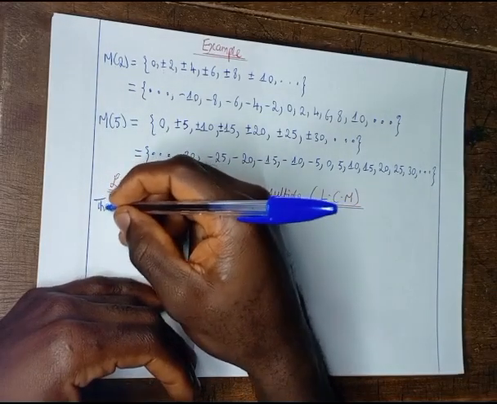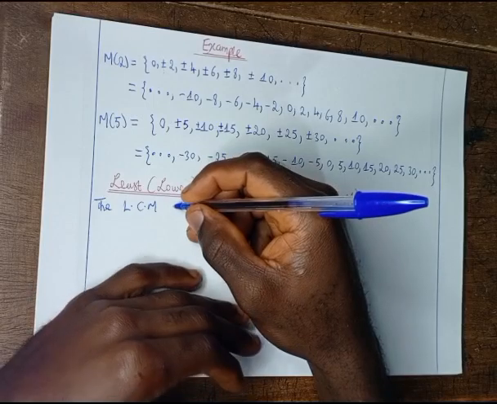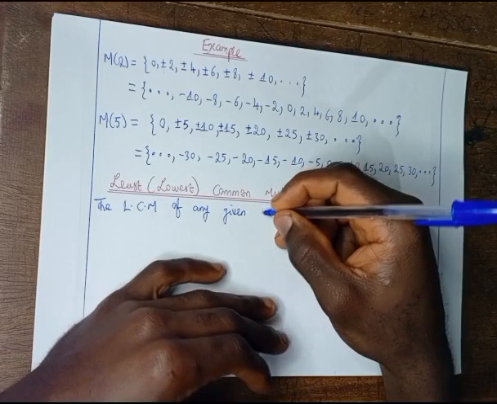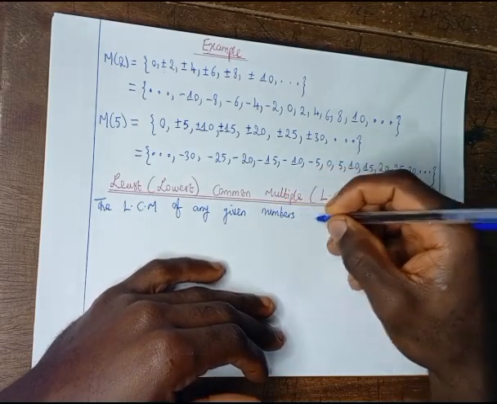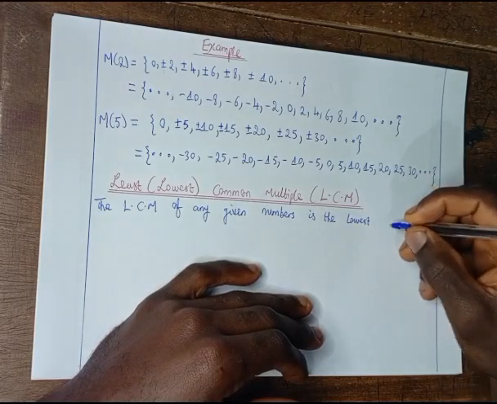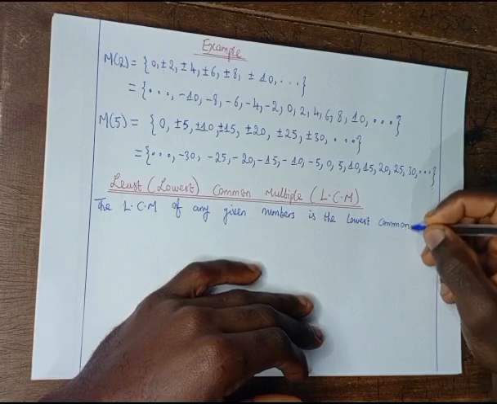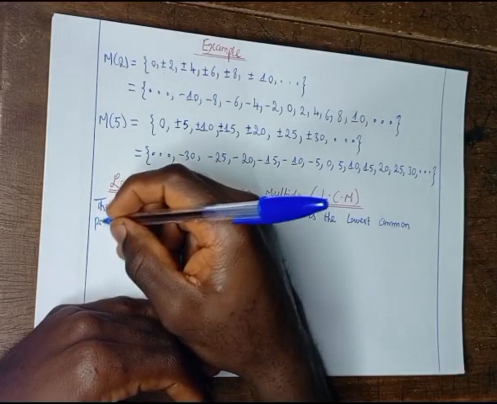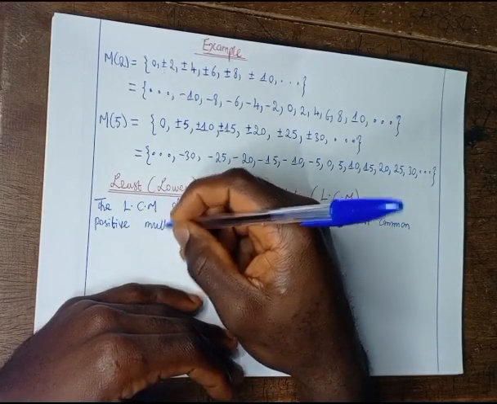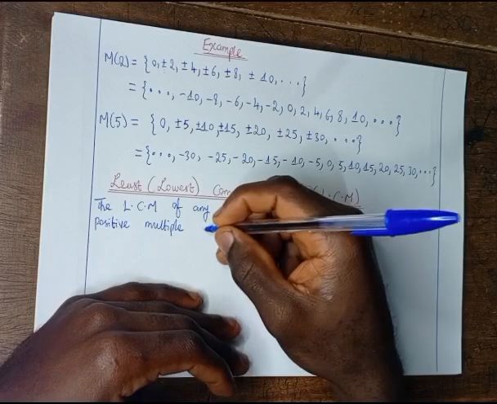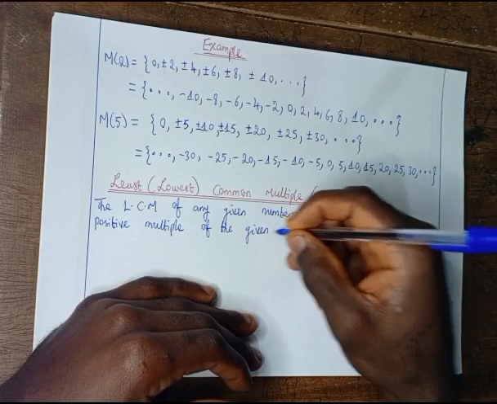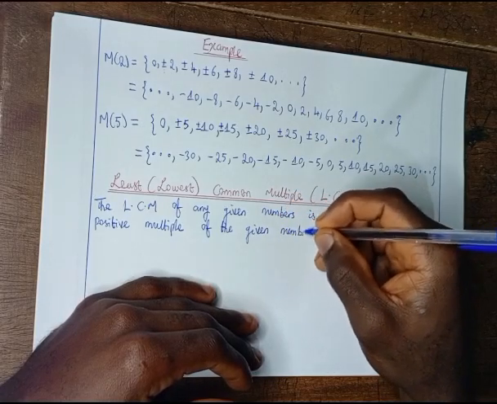The LCM of any given numbers is the lowest common positive multiple of the given numbers.